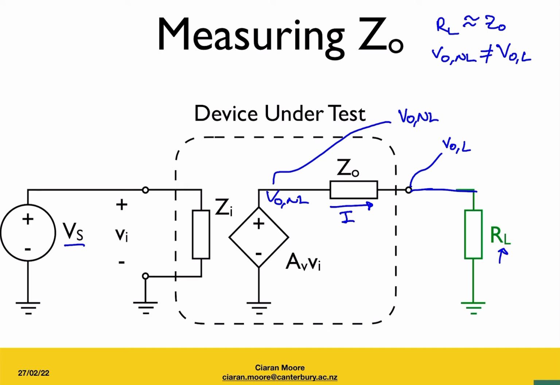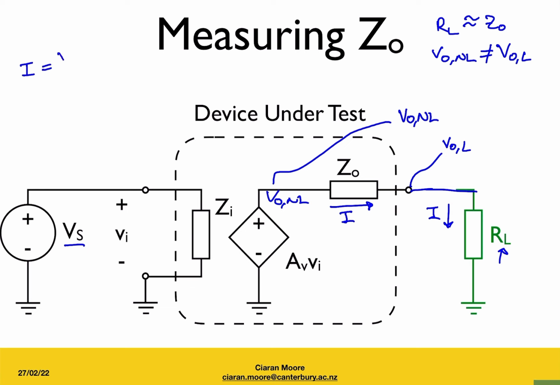Once we have these output voltages, we're able to calculate a value for the output impedance Z out. We're going to do that by first considering the current flowing through the load resistor.